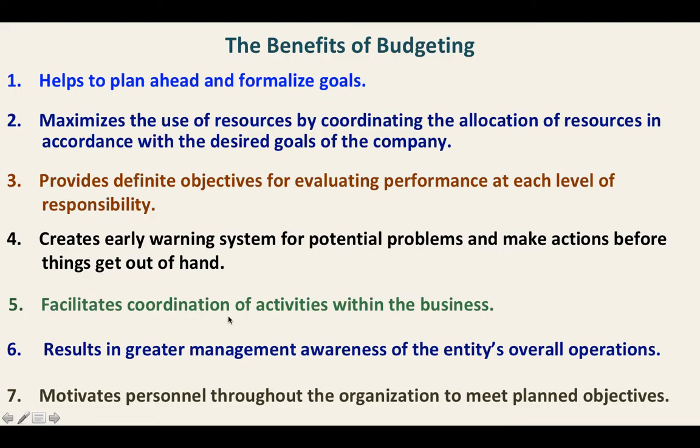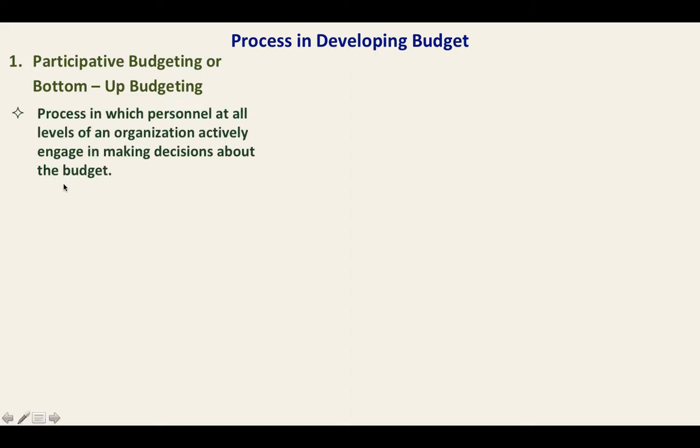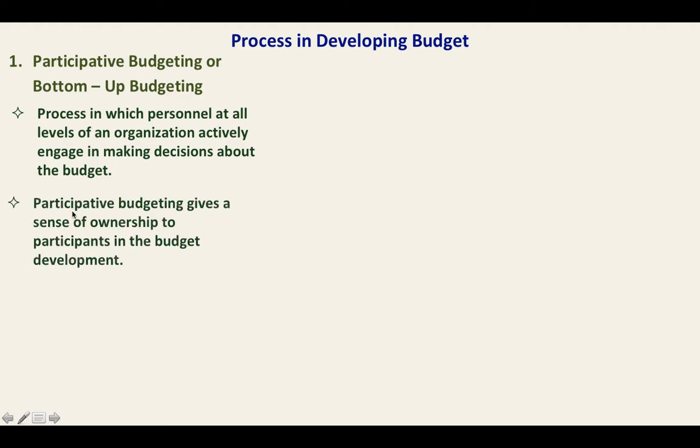Now, class, let us discuss the process in developing a budget. We have here number one, participative budgeting or bottom-up budgeting. Participative budgeting is the process in which personnel at all levels of an organization actively engage in making decisions about the budget.